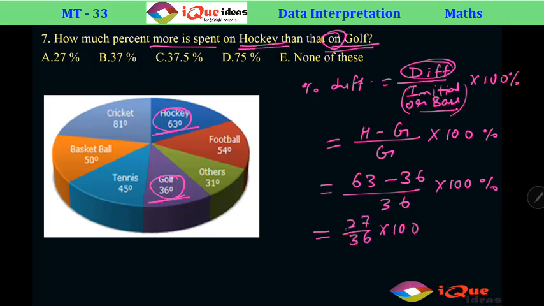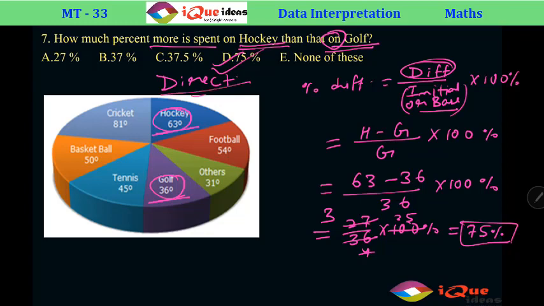Now 27 and 36 both are divisible by 9. So 9 3s are 27 and 9 4s are 36. 4 cancels 100, 25 times. So 25 into 3, that is equal to 75%. Okay, so the answer to this question is 75%. If you look at the options, D option is the correct answer. So this was a direct, beautiful question. Here already the spending is given in terms of degrees. We can use that directly. Okay, now the next question.